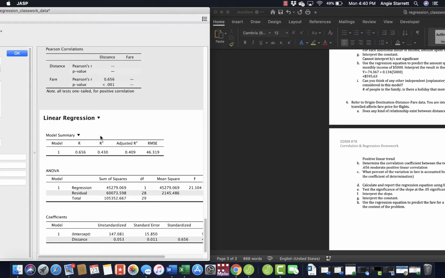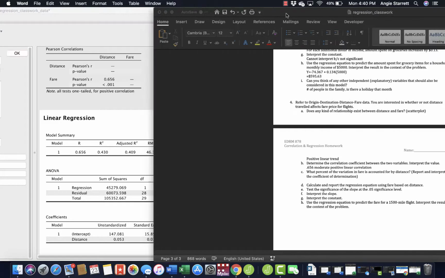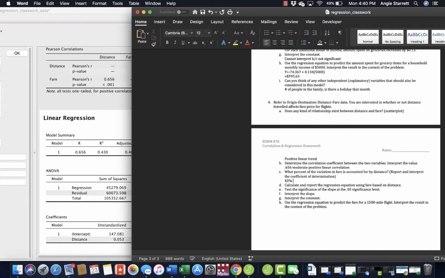And we go to R squared, and we see 0.430. So 43% of the total variation in fare is explained by distance.